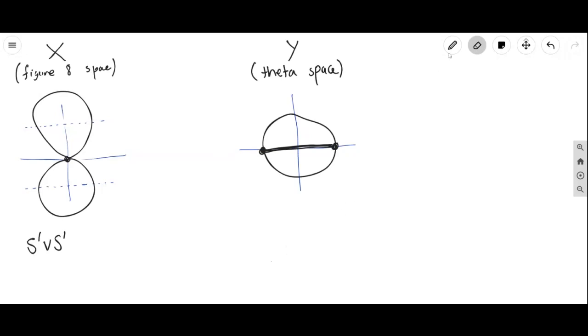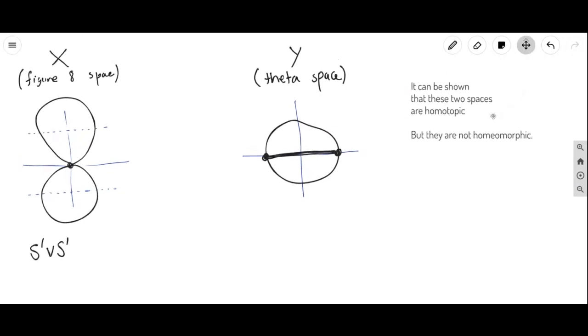And it can be shown that these two spaces are homotopic, but they are not homeomorphic. Okay, so they're going to be homotopic, but they're not going to be homeomorphic.